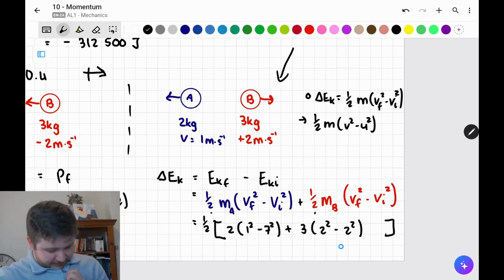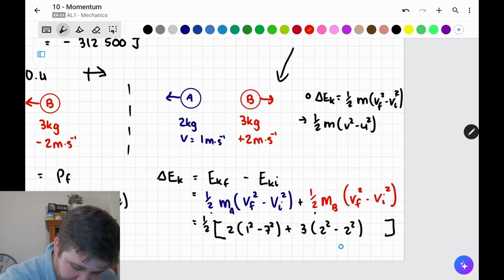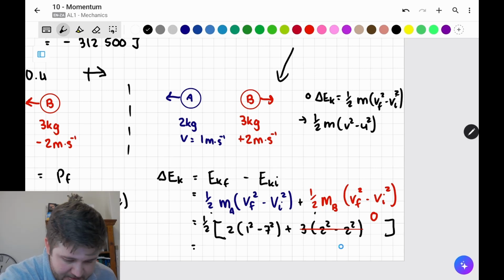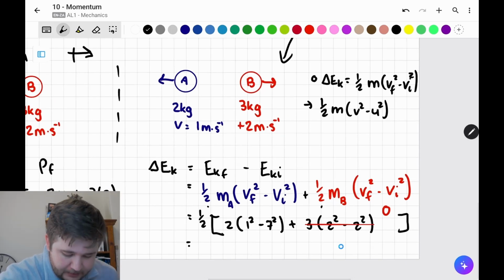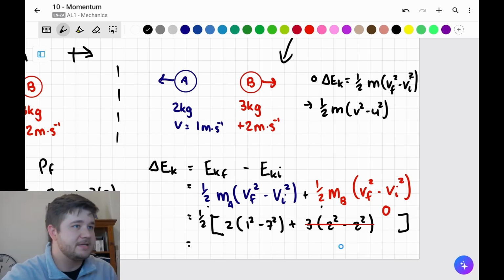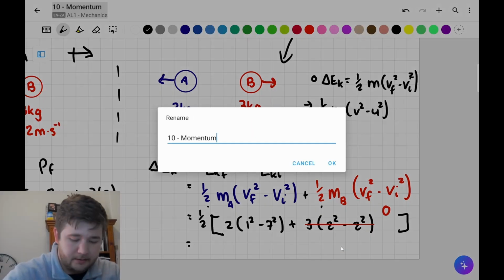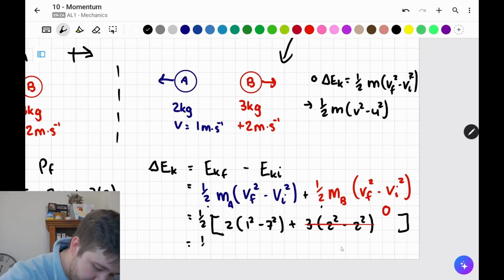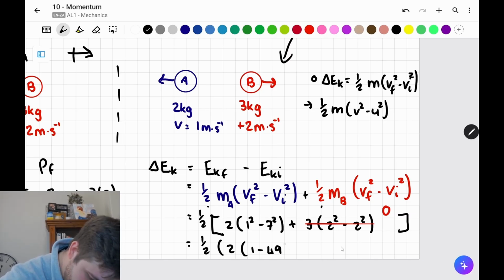Lovely. That simplifies. Since this becomes 0, this entire term will become 0, and all we have to worry about is the change for A. Now, 7 times 7 becomes, can't remember, give me a second. Okay, forgive the interruption. This becomes half of 2 times 1 minus 49.